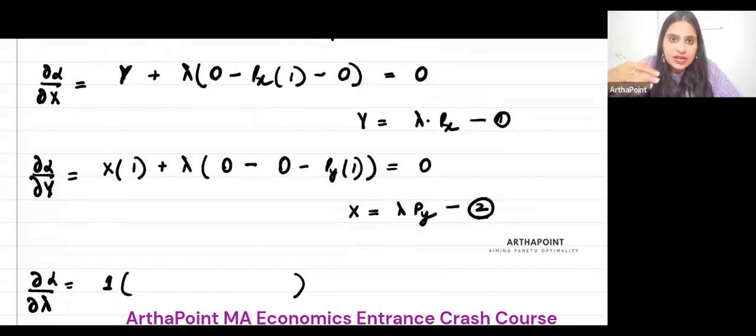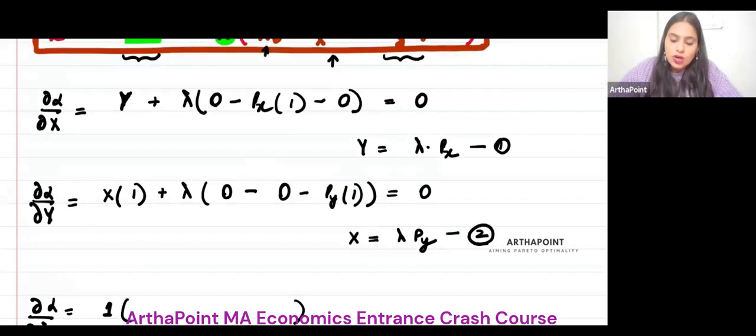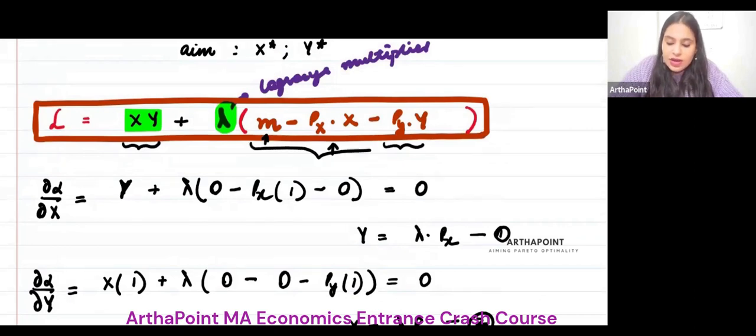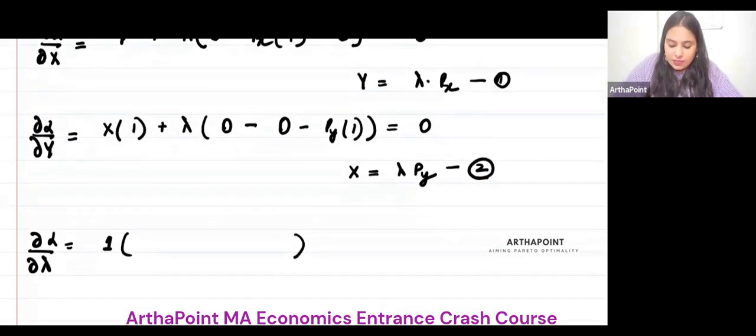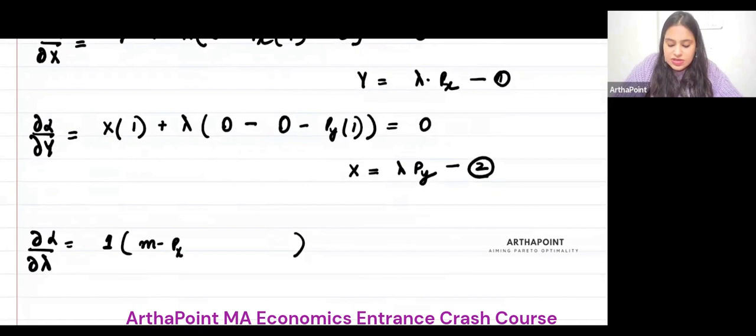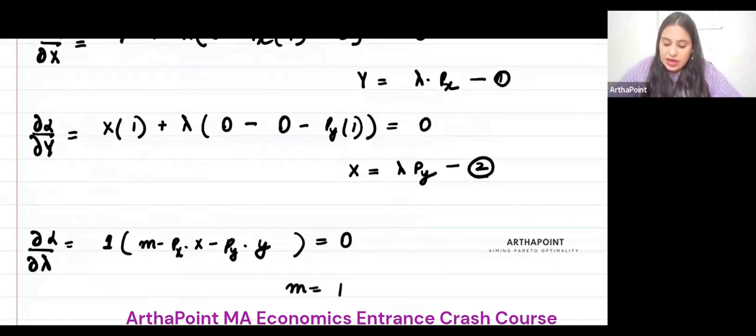Like in the differentiation of xy with respect to x, x became 1 and y came as it is. So what comes with lambda will stay as it is. So you will have m minus px into x minus py into y equal to 0. So from here I will simply get m is equal to px into x plus py into y. I will call this equation 3.